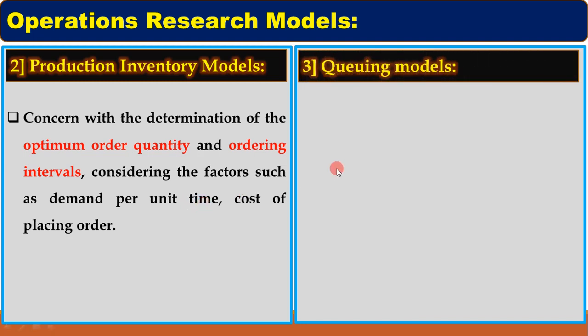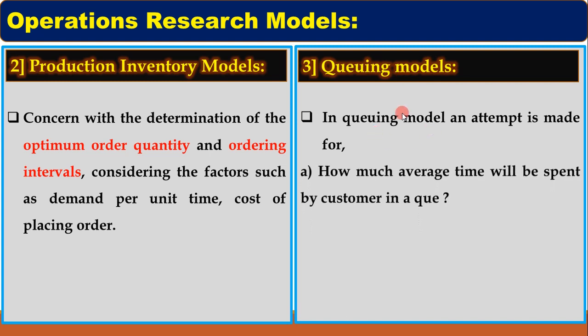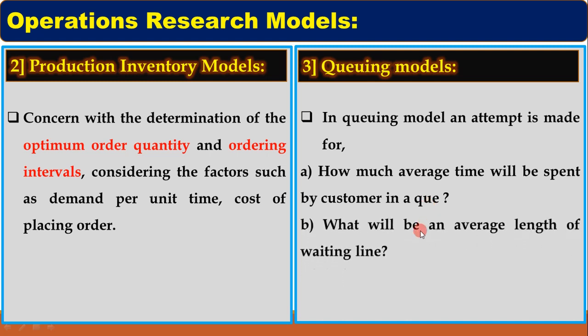Third model is queuing models. In queuing model, an attempt is made for determination of how much average time will be spent by customer in queue and what will be an average length of waiting line. So these two points are important, which are determined in the queuing model. What is the average time spent by customer in a queue and what is the average length of queue.